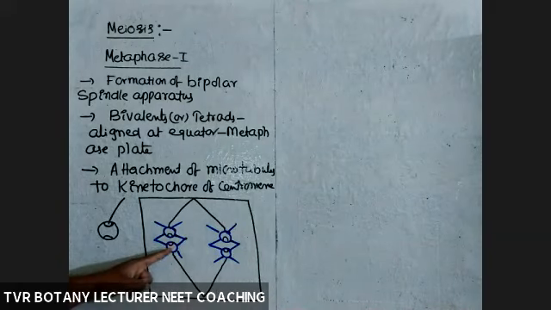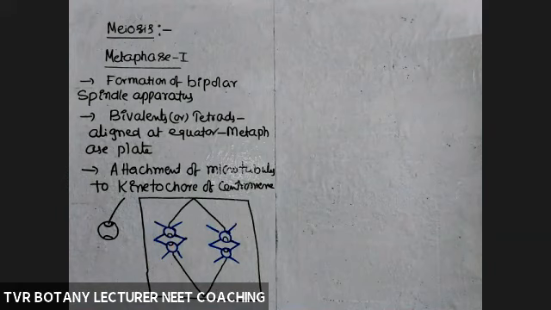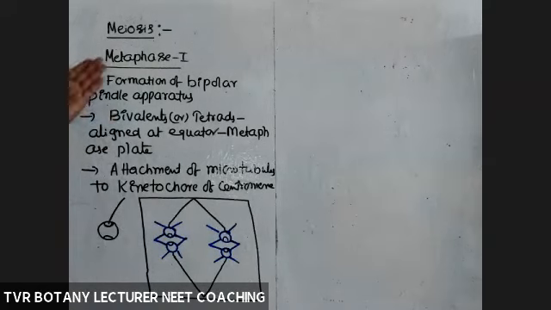Is it clear? Any objection? In metaphase 1, microtubules are attached to the kinetochore which is towards poles only. The other kinetochore of the centromere towards equator is free, not attached to microtubules. So that is about metaphase 1.